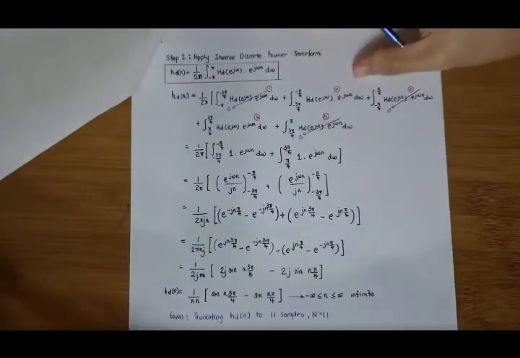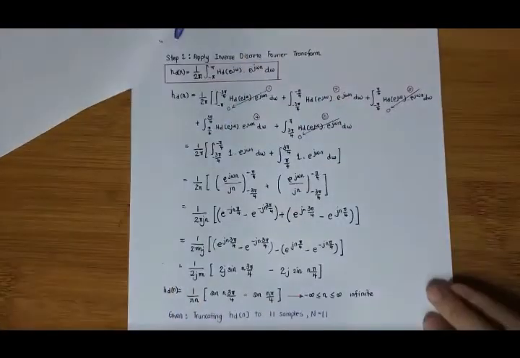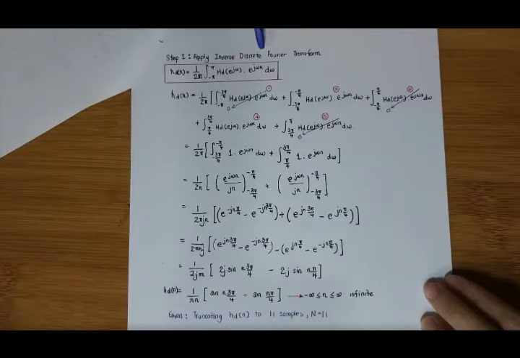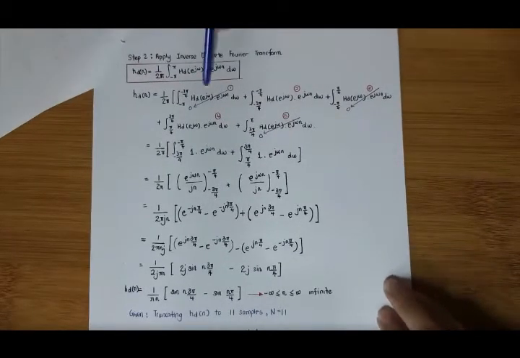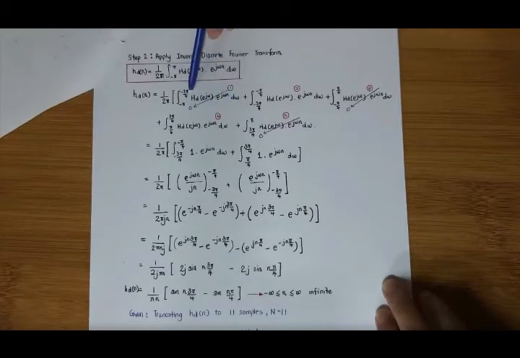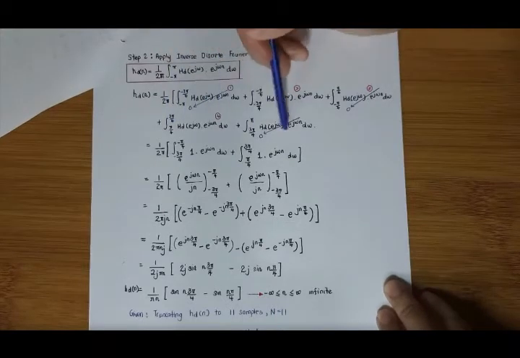Next step, we will apply the IDFT, inverse discrete-time Fourier transform. So hd(n) equals 1 divided by 2 pi, integral from minus pi to pi of Hd(e^jω) multiplied by e^(jωn) dω. Just now we have five parts: first part, second part, third part, fourth part, and fifth part.